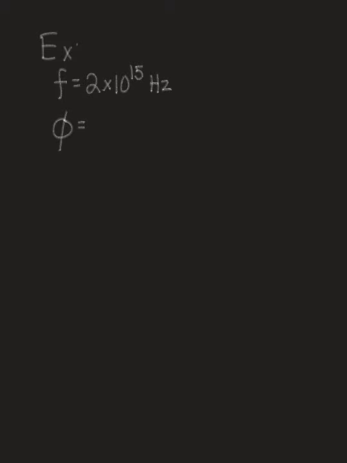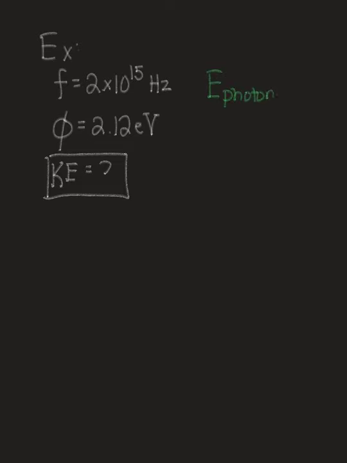Let's say it's cesium, whose work function is 2.2 electron volts. Let's say I want you to calculate how much kinetic energy the electron has at the end. So what I want to do first is calculate the energy of the photon, then use the work function and subtract to get kinetic energy.